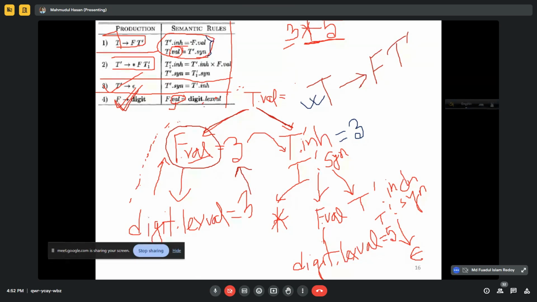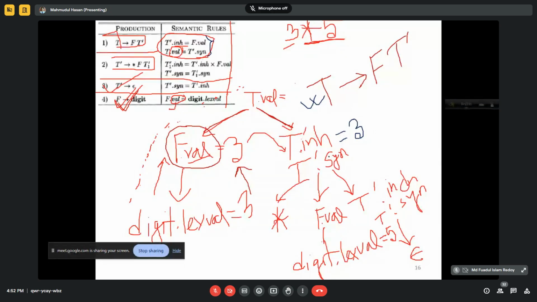If you look at the semantic rules, T dash inherited value comes from F value, and F is the sibling of T dash. That's why the value is 3 here.